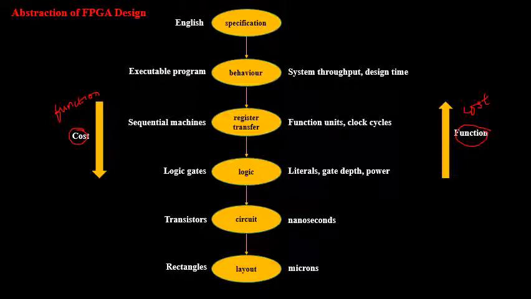So this is how you are going to decide upon either a top-down approach or a bottom-up approach. So this is a brief description of FPGA architecture. Hope you understood this concept.